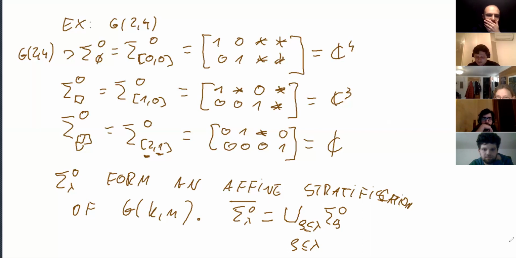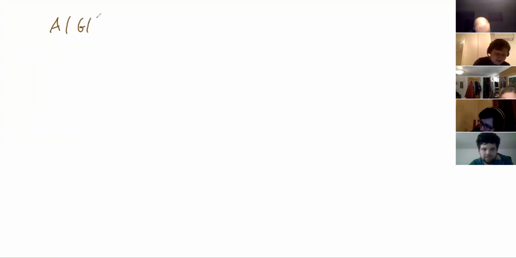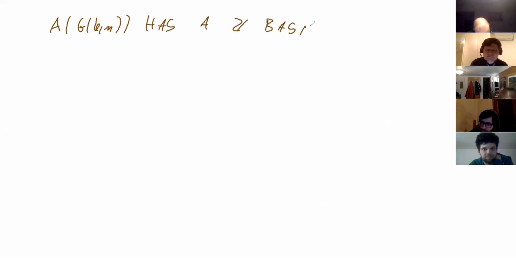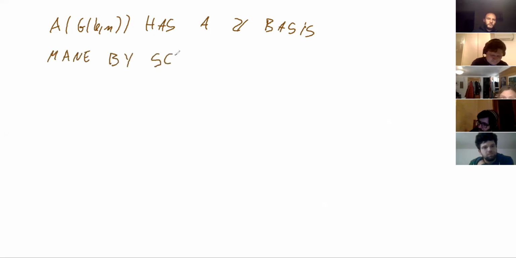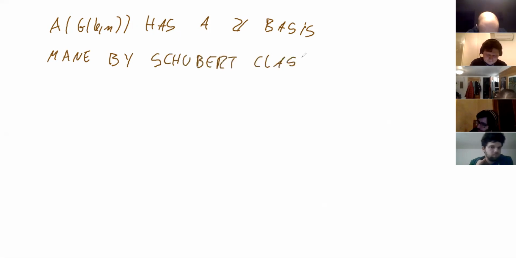Okay, so the good news, we now know the Chow ring of the Grassmannian. A of G(k,n) has a Z basis made by Schubert classes, which we will denote sigma lambda.